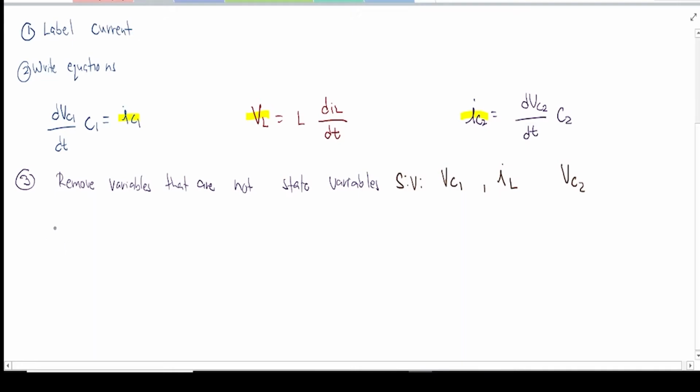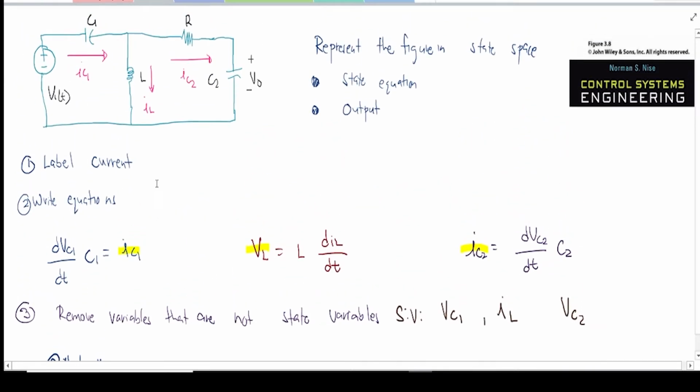Okay, so let's begin at node A. So where is node A? Node A would be this one.